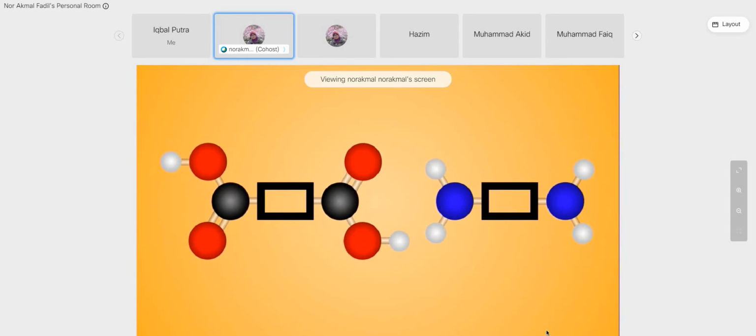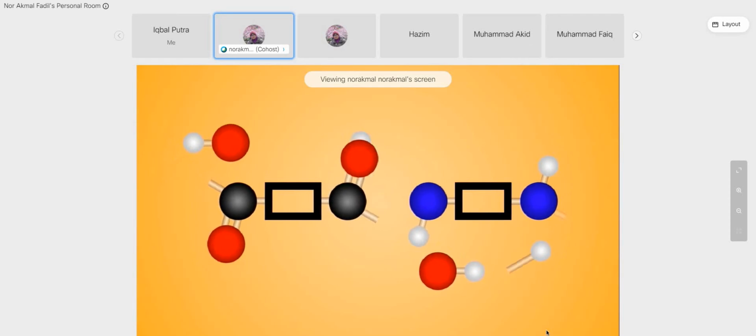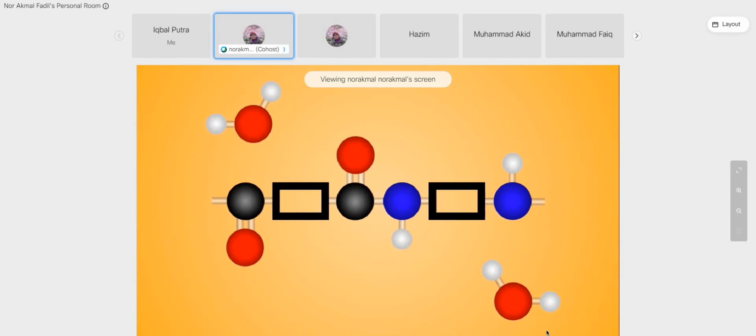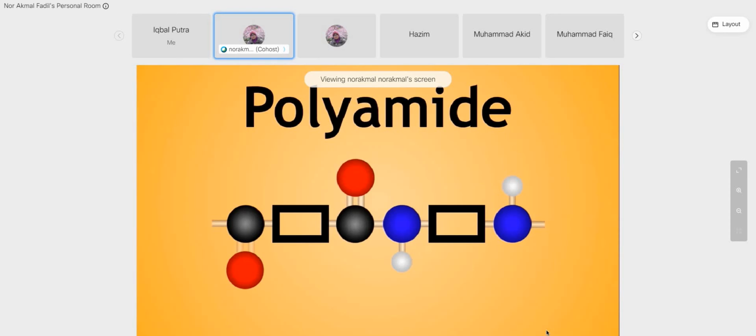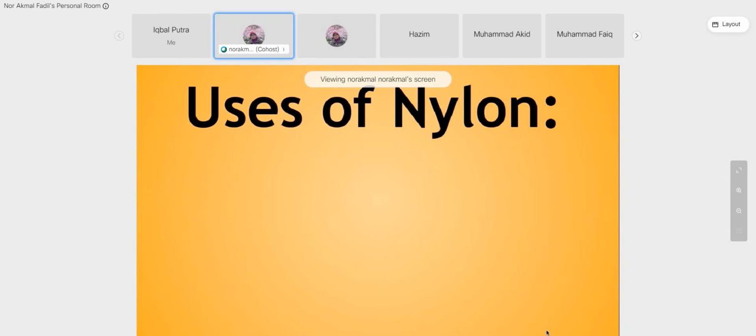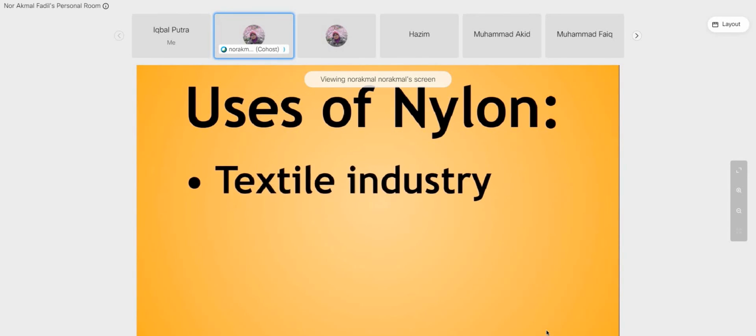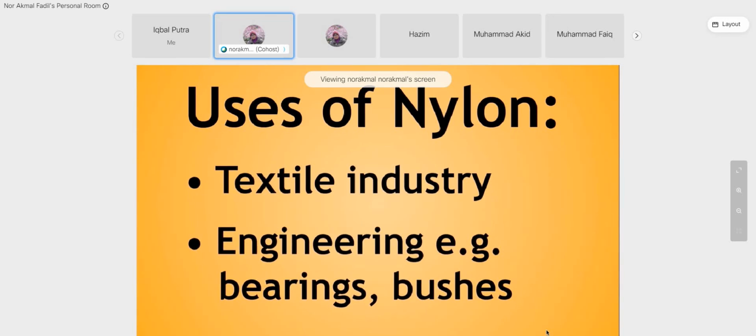These groups react to form water, which is eliminated, and a large polymer molecule is formed, held together by amide links, hence the name polyamide. Nylon has many uses in the textile industry, but it is also a structurally sound material used in engineering, especially where low friction is required, such as in bearings or bushes.